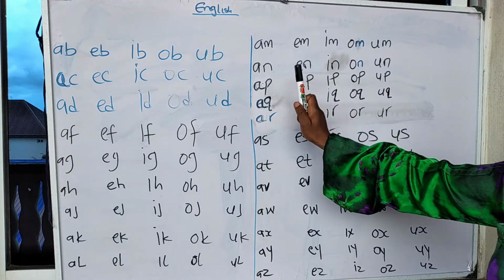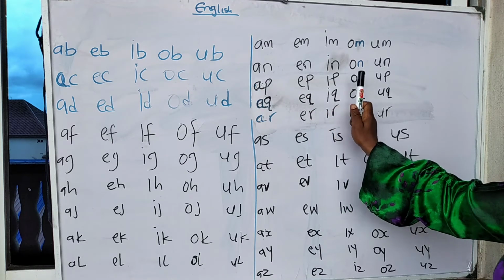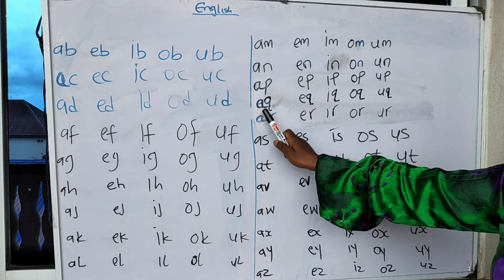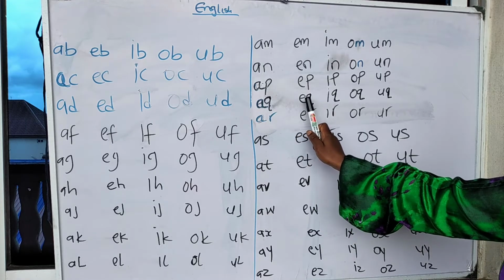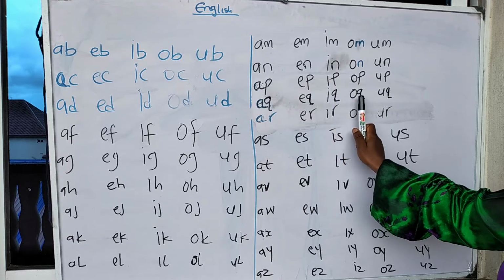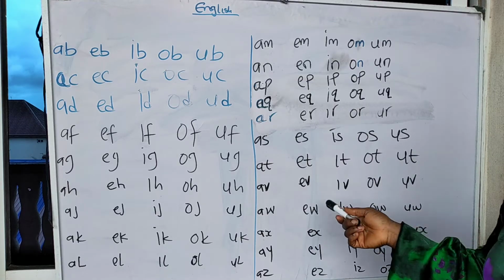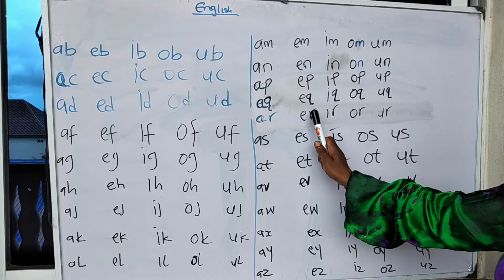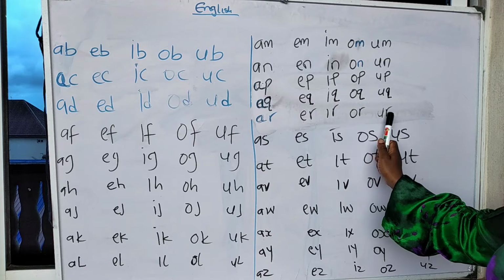Up, ep, ip, op, up. Then the next set, with the a, e, i, o, u vowels.